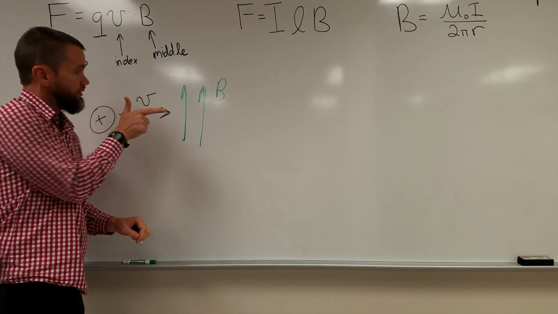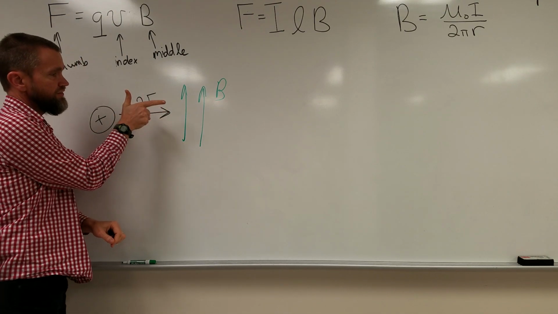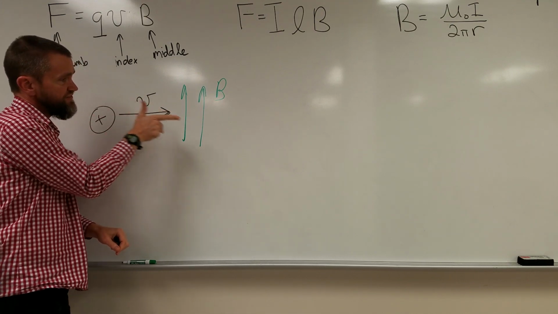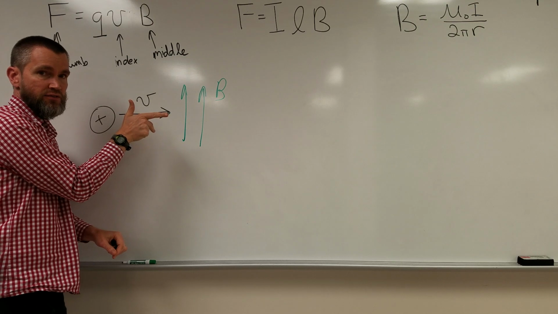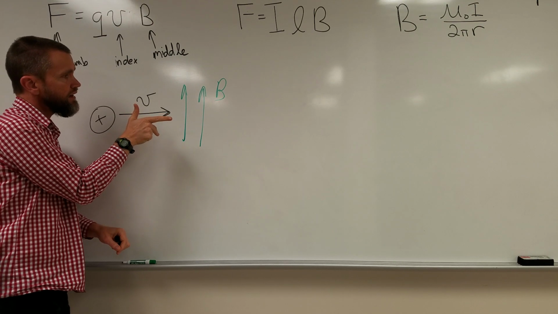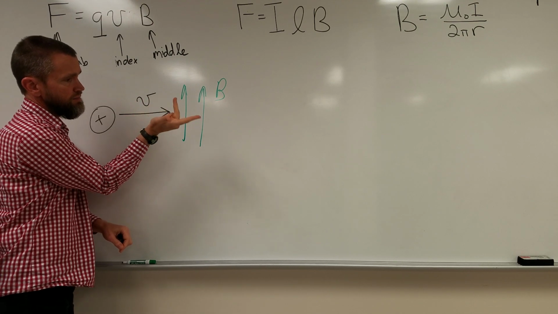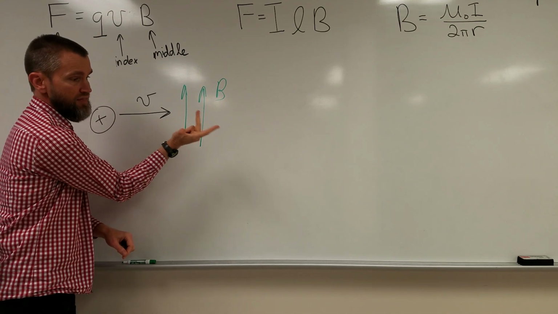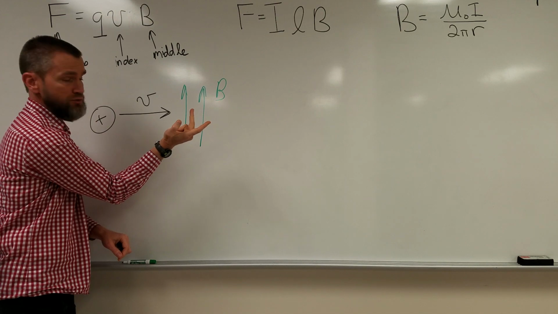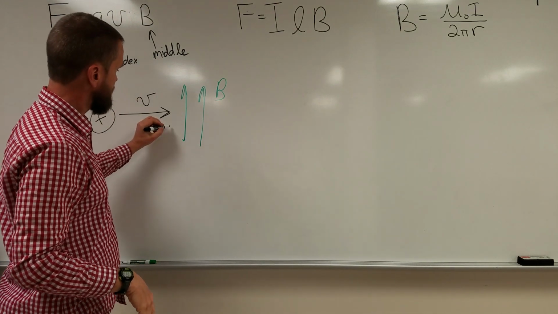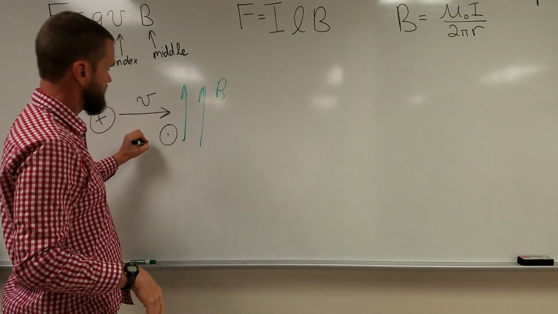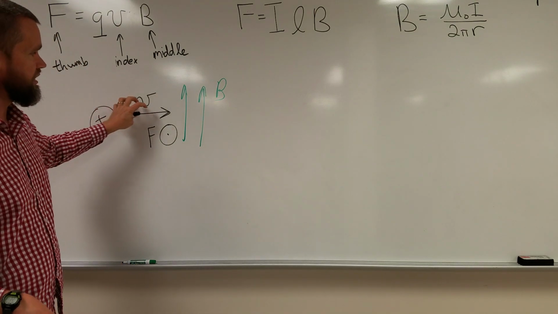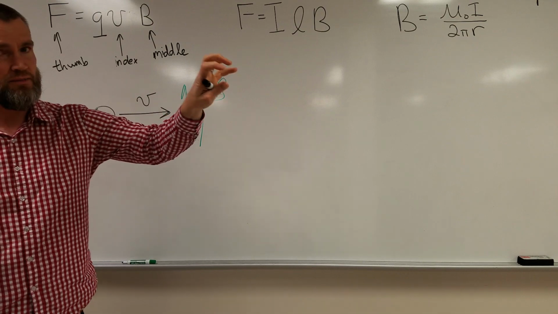I let my finger go in the direction of V. Now, I don't know how to orient my hand, but I know that my finger has to be in the direction of the velocity. And then I'm going to orient my hand so that my middle finger is pointing in the direction of B. And then I look at my thumb, and it is pointing out of the page. So the force that's acting on this particle is going to be out of the page. So this particle is going to come into this magnetic field and it's going to come out towards you.